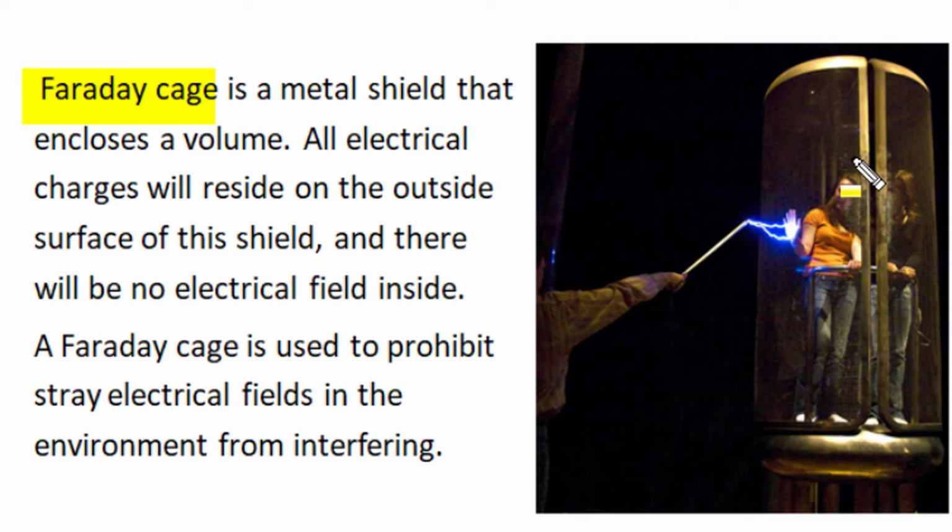Faraday cage invented by Michael Faraday also works on the same principle. A Faraday cage is a metal shield made of wire mesh that encloses a certain volume, and when external charging of this Faraday cage is done and it is placed on an insulating stand, then charge will build on the cage and increase its potential, but there won't be any internal electric field or potential difference in this Faraday cage.